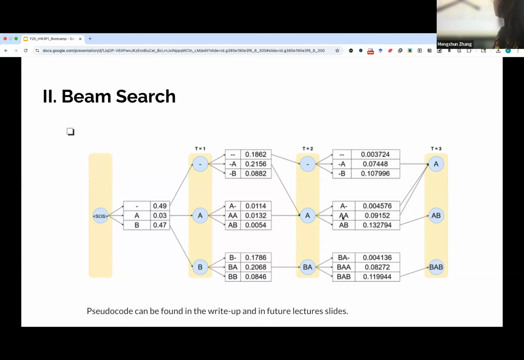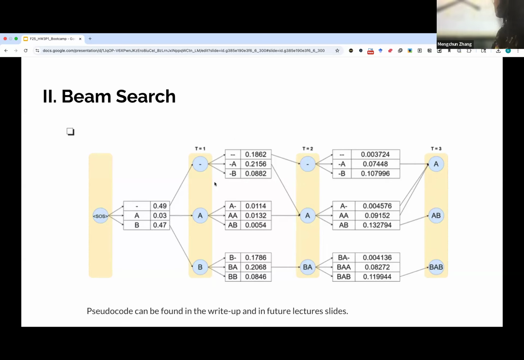So we just repeat this again and again. At the end, we will have the 3 subsequences that have the top 3 probabilities. And our model will choose the subsequence with the greatest probability as our final output sequence.